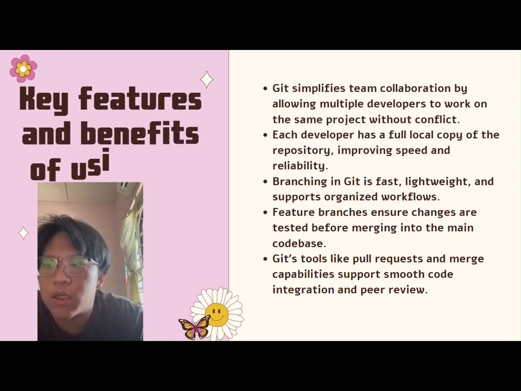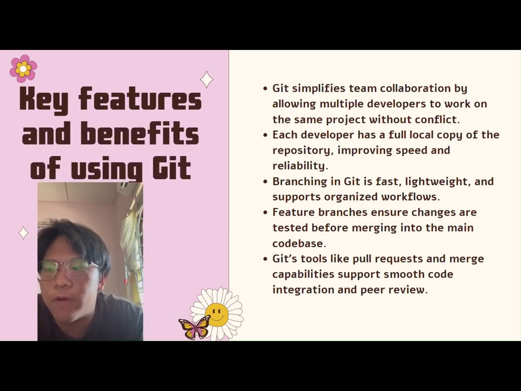Hi, I'm Linkinson. Next, I will talk about key features and benefits of using Git. Git simplifies team collaboration by allowing multiple developers to work on the same project without conflict. Each developer has a full local copy of the repository, improving speed and reliability.